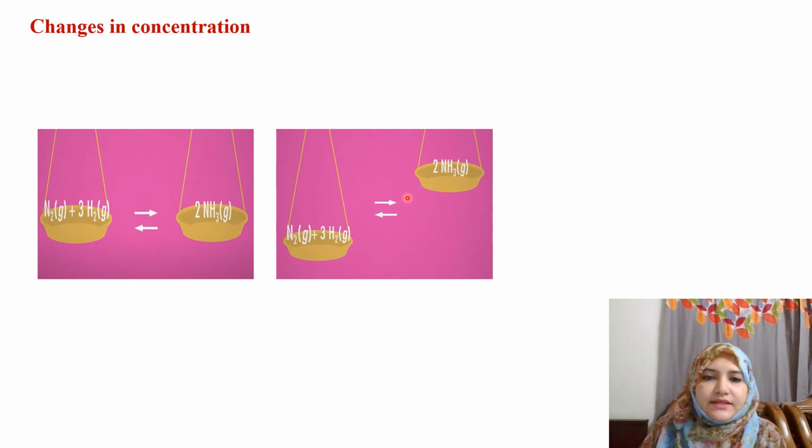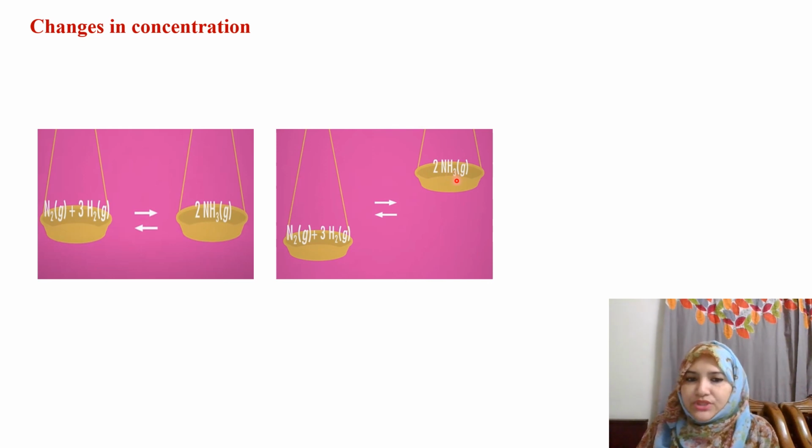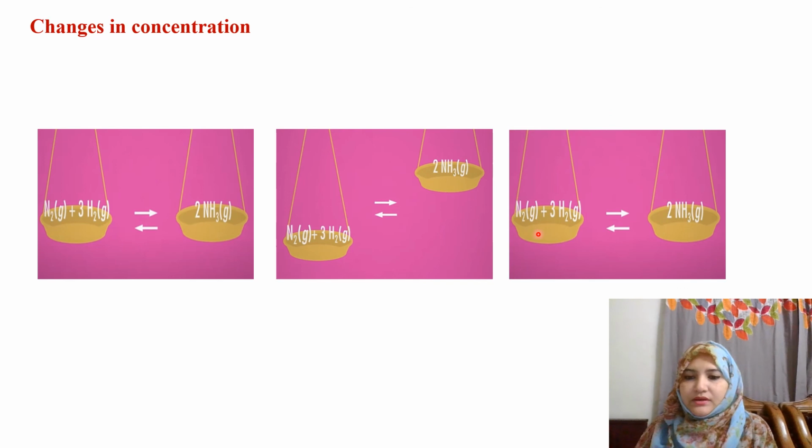Then the nitrogen and the hydrogen react with each other and produce ammonia, sending the reaction to the right side until the reaction balances itself again.